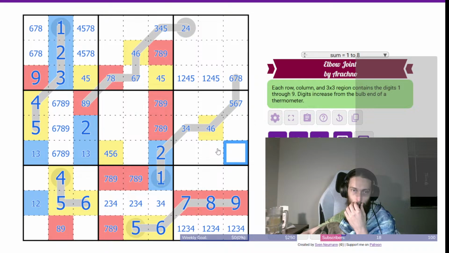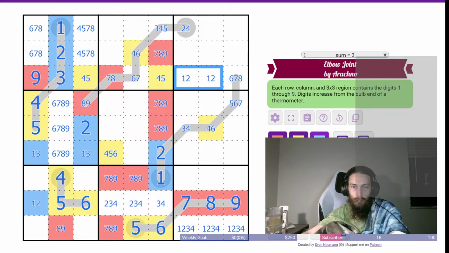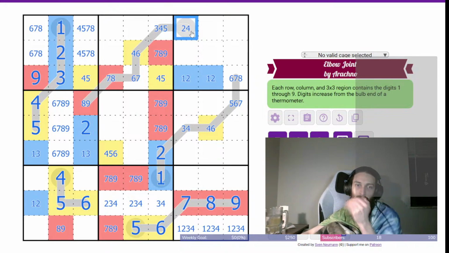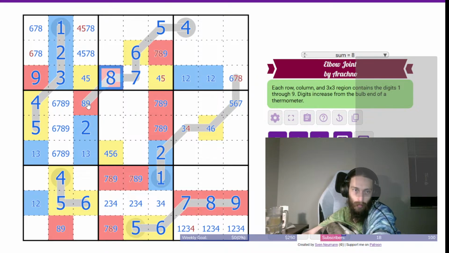And there's a 4-5 pair now in row 3. Makes that 4, 5, 6, 7, 8, 9, 4, 9, 3.